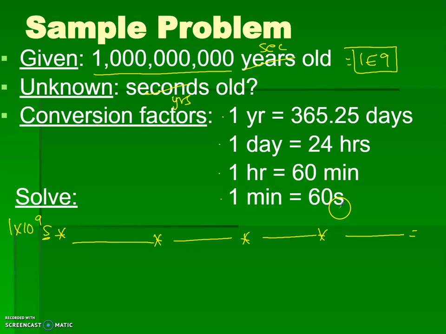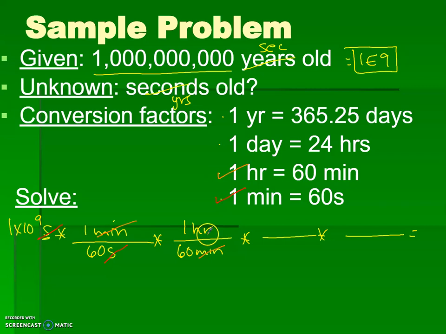So I'm going to start down here. 60 seconds is 1 minute. If 60 seconds are here, I'm going to go down, put 60 seconds on the bottom, 1 minute on top, and I'm going to cancel out seconds and seconds. Next, I'm going to cancel out minutes. Well, there's 60 minutes in an hour. So I'm going to use 60 minutes on the bottom, 1 hour up top. And I'm going to cancel out minutes and minutes.